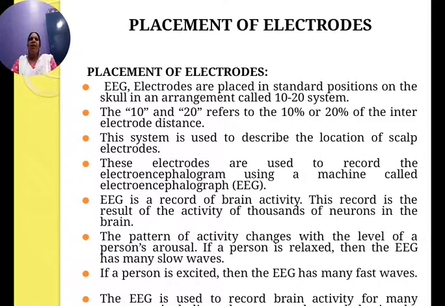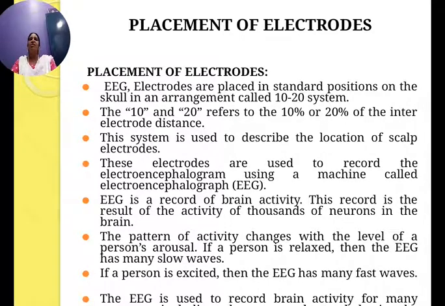The 10 and 20 refers to 10% or 20% of the interelectrode distance. This system is used to describe the location of the scalp electrodes. These electrodes are used to record the electroencephalogram using a machine called an electroencephalograph, EEG.